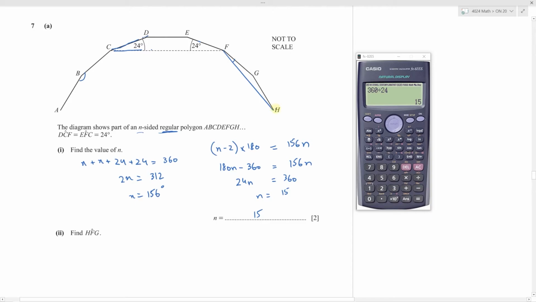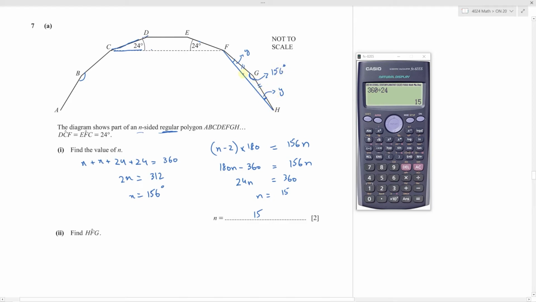Now, if I look at this triangle HFG, it is an isosceles triangle because these two sides are equal. Because this is a regular polygon, FG and GH and all these sides are equal in length. So since this is an isosceles triangle, let's call this angle y, HFG is y that we need to calculate. So this angle here will also be y, and we have already calculated that each interior angle of this polygon is 156 degrees.